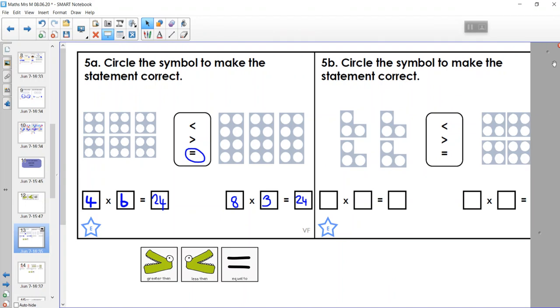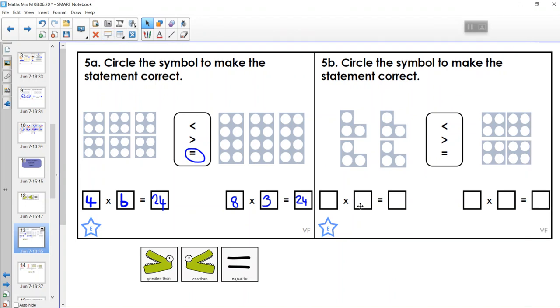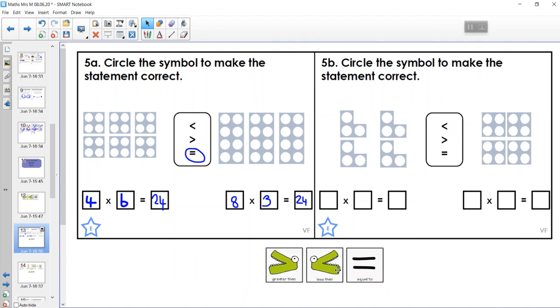Okay, so you're going to try this next one on your own. You're going to pause the video and have a go, and then we'll go through it together. Okay, so it says here, circle the symbol to make the statement correct. Is this side greater than, less than, or equal to this side? I've got 3, 4 times, and that's 12.